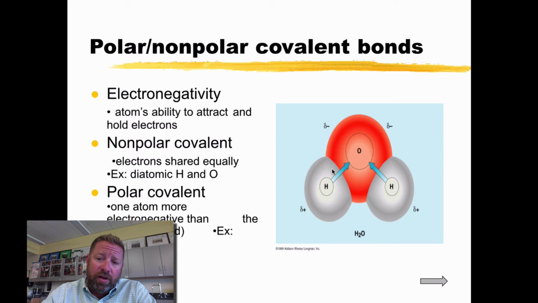If they're sharing a pair of electrons, and by the way, this is just a space-filling model, as they call it, and that's what this blue arrow is supposed to represent, the sharing of electrons, what's going to happen is the 8 positive protons inside the nucleus of the oxygen atom are going to pull the electron closer, because electrons are negatively charged.